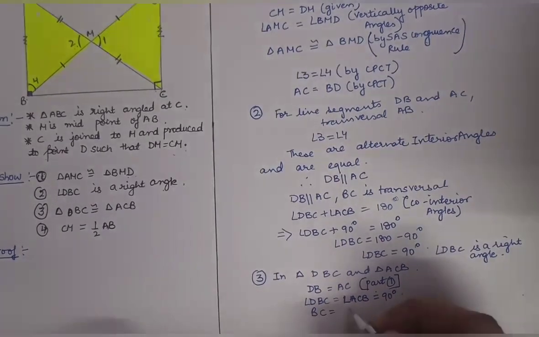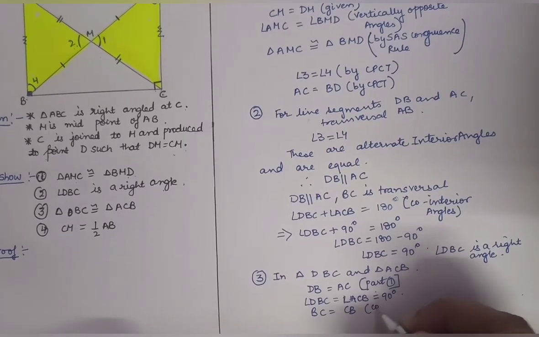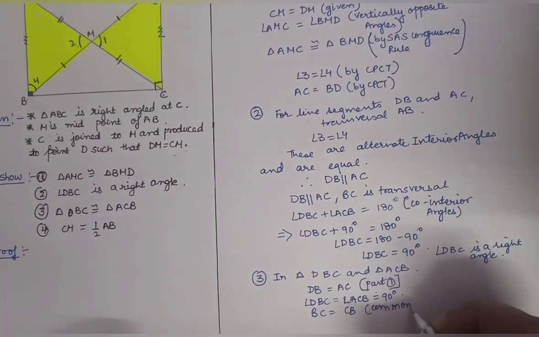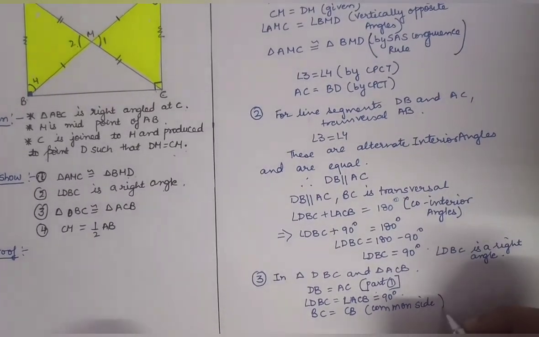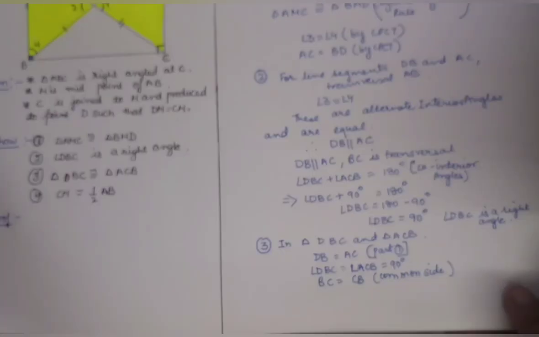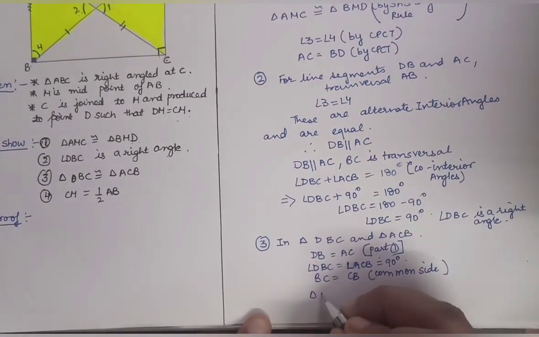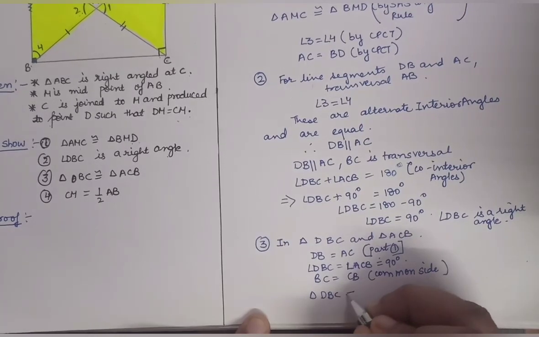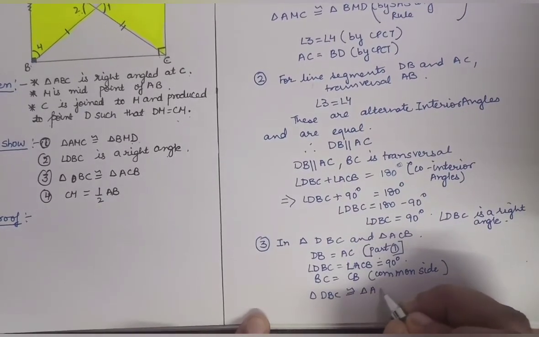And BC is equal to CB, which is the common side. So we can now write what rule we have applied for these two triangles to be congruent. We can say triangle DBC is congruent to triangle ACB by rule.